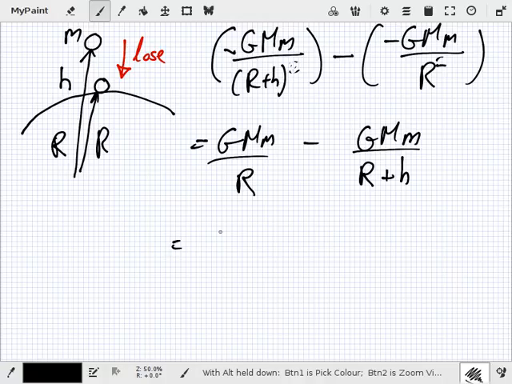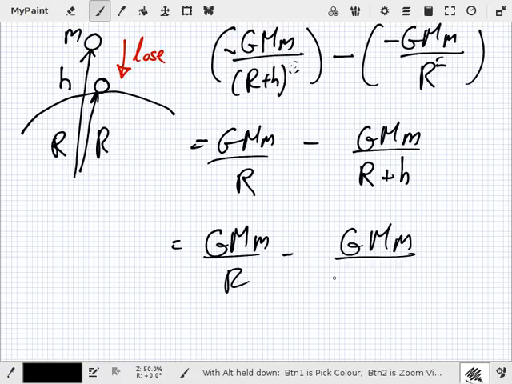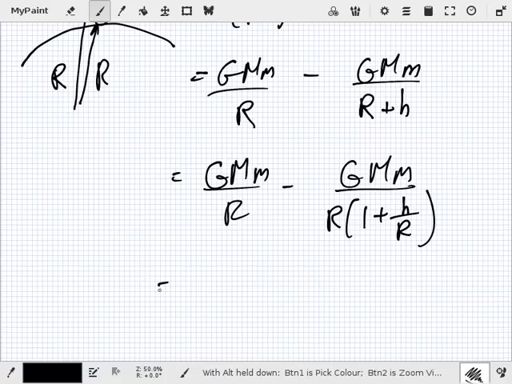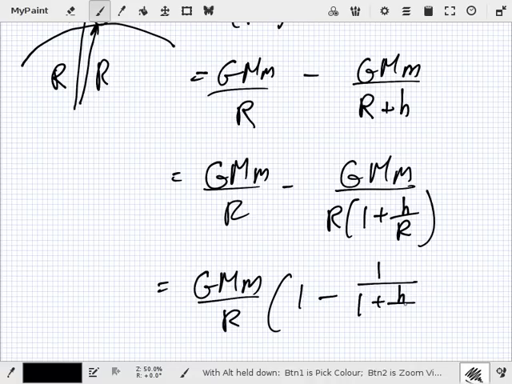This equals GMm over R minus GMm over R(1 plus H over R). This equals GMm over R times (1 minus 1 over (1 plus H over R)).